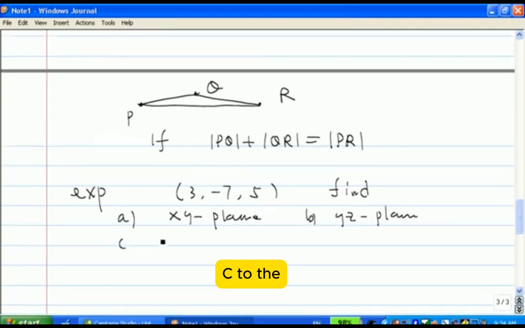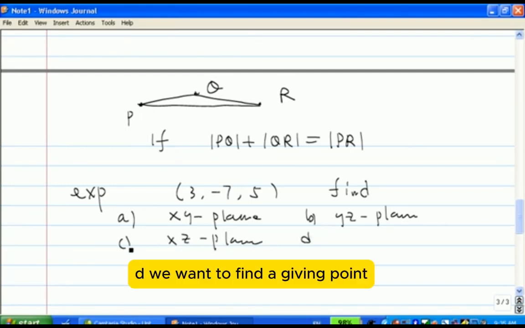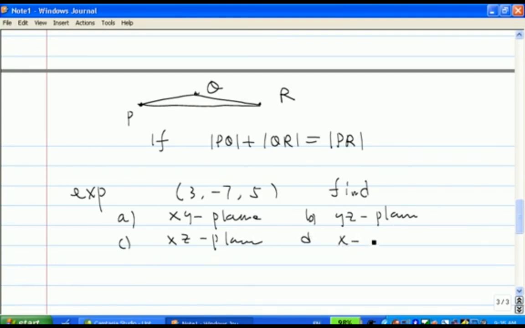C: the distance to the XZ plane. D: the distance from the given point to the x-axis. E: the y-axis. F: the z-axis.